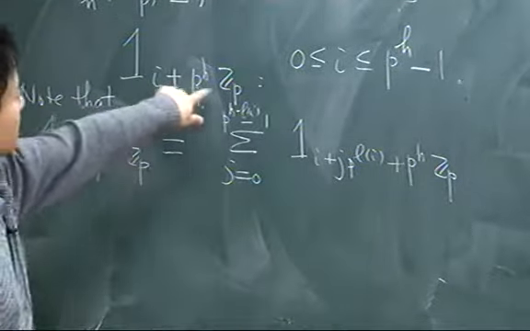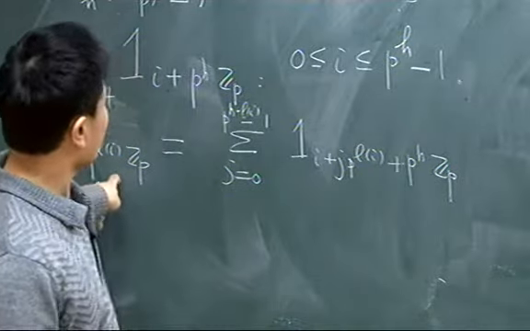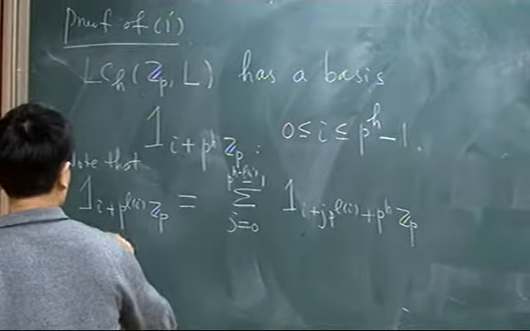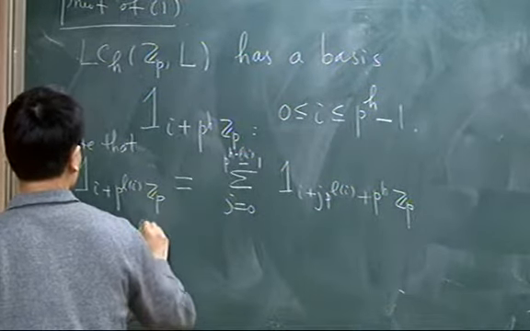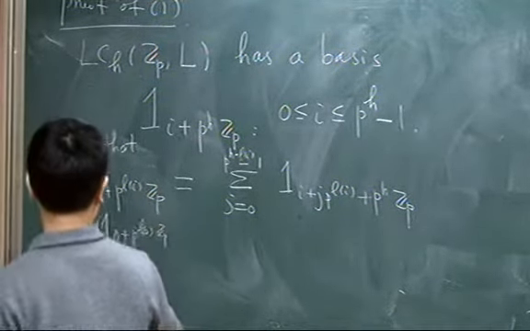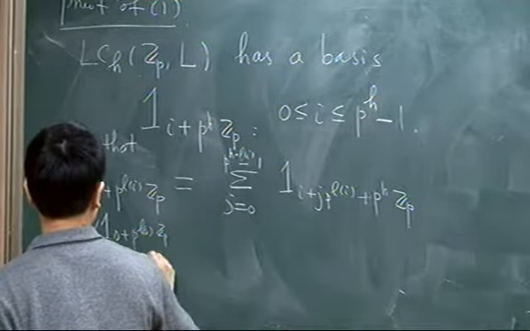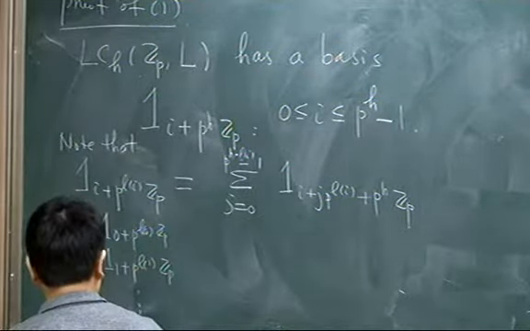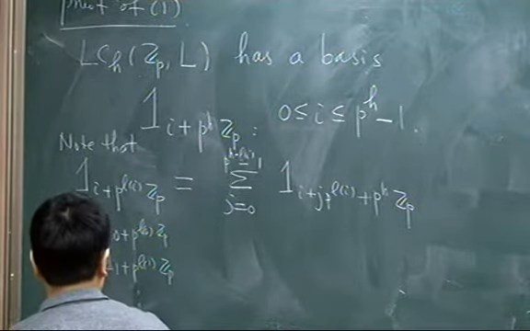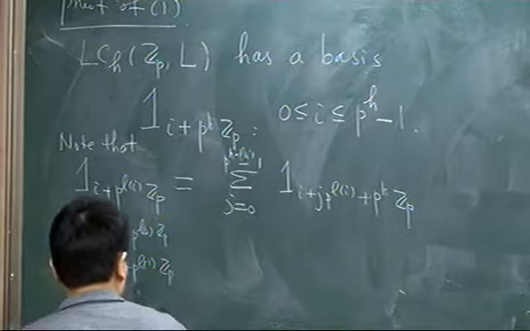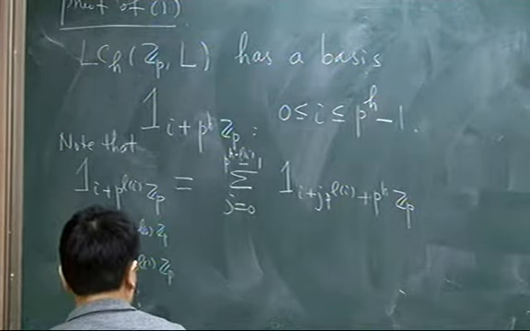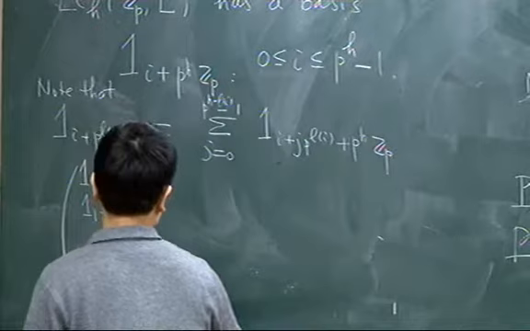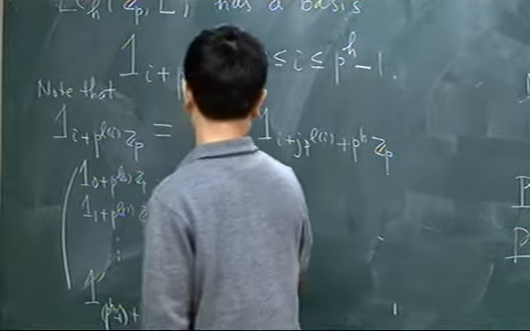So first, the number of these two is the same, and then this identity means if you write all of these: 1_{0 plus p^{L(0)} Z_p}, 1_{1 plus p^{L(1)} Z_p}, up to 1_{p to the h minus 1 plus p^{L(p^h minus 1)} Z_p}, in terms of the basis of indicators of cosets mod p^h Z_p, you get a matrix.